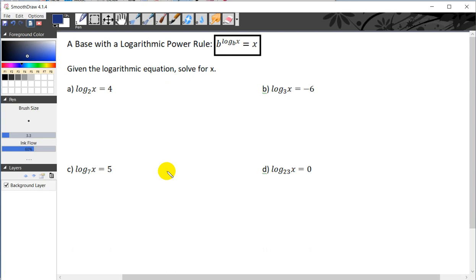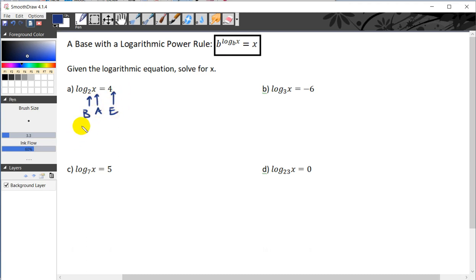I'm going to show you 2 different ways to do it. I'm going to show you Mr. Cam's method, basically the way that he does it, and I'll show you the way that I do it. It's just a matter of preference what you decide to do. Using Mr. Cam's method, same idea: this is our base, this is our answer, and this is our exponent.